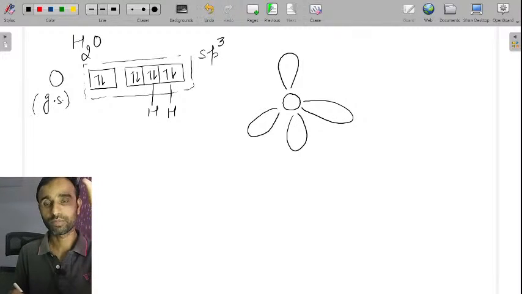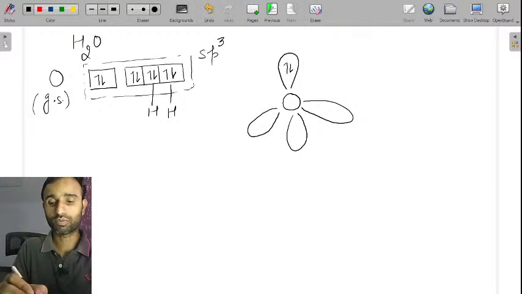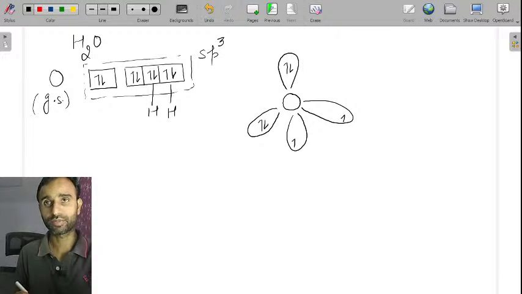There are 4 hybrid orbitals. Out of 4, 2 have lone pair and 2 have 1 unpaired electron, right?